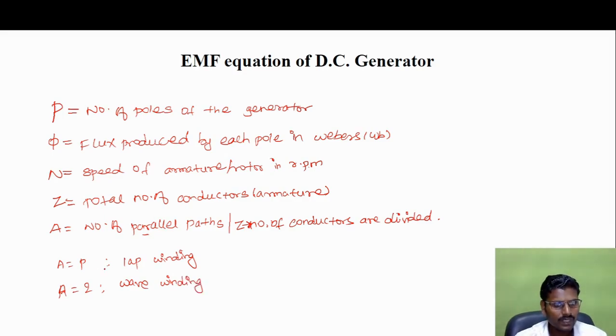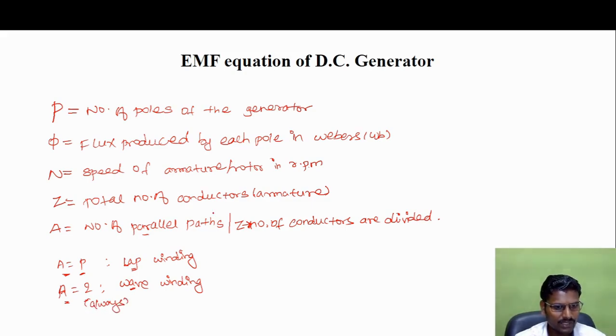Here in lap type of winding, if the generator armature conductors are wound with the help of lap winding, then in this category the number of parallel paths is equal to the number of poles. In wave winding category, the number of parallel paths is equal to 2 always.